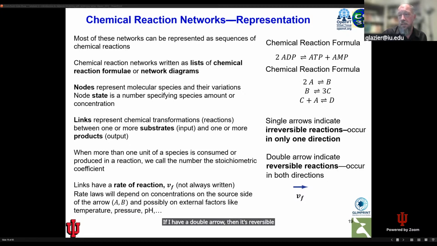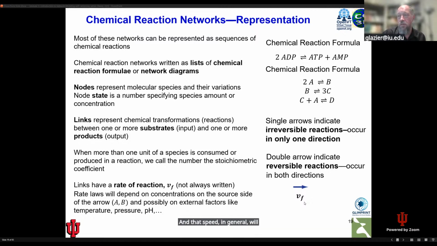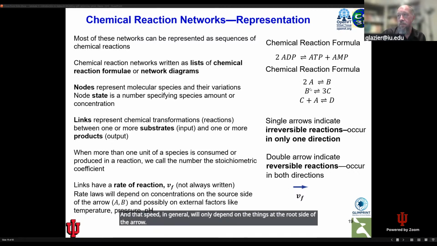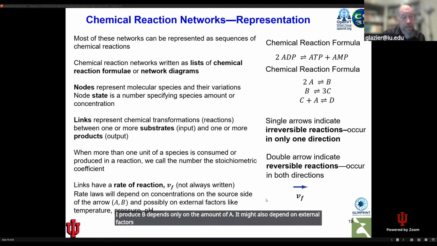In either case, every reaction arrow should be decorated with a rate, the speed of that reaction. And that speed in general will only depend on the things at the root side of the arrow. If I have 2A going to B, the rate at which I produce B depends only on the amount of A. It might also depend on external factors like the pH, the temperature, the pressure, and so on.